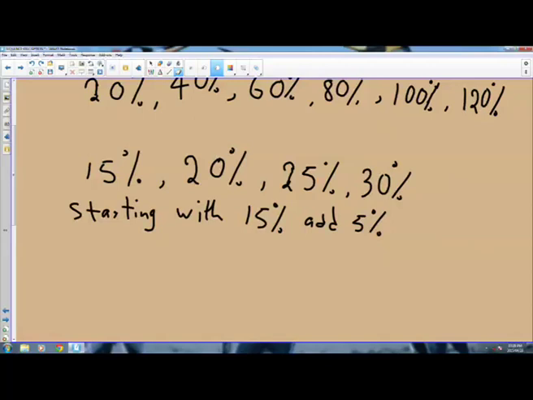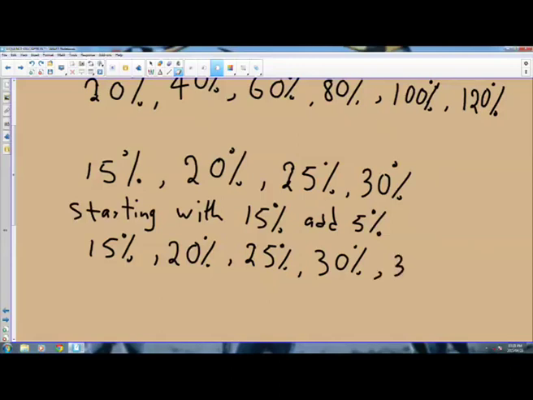And then the next two terms within this sequence of percentage will be, we've got 15%, 20%, 25%, 30%, and then 30% plus 5% is 35%, and then 35% plus 5% is 40%. This is how sequences are formed.